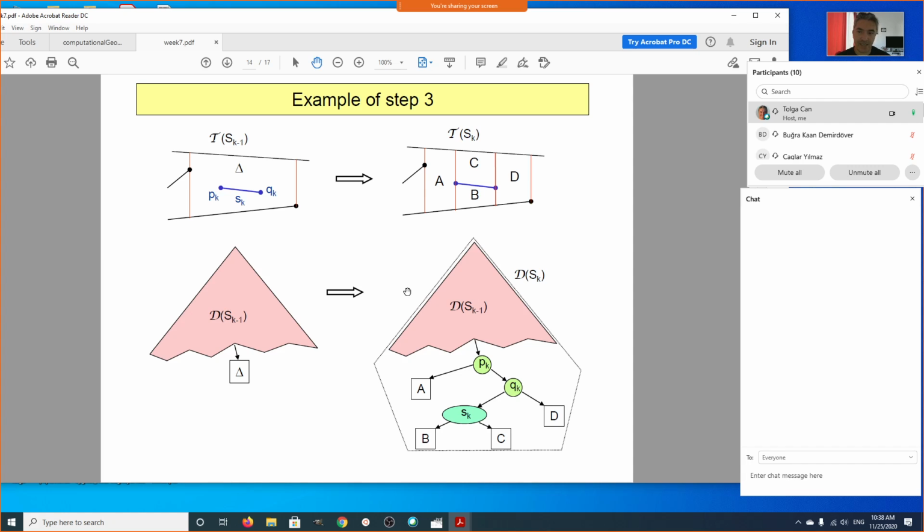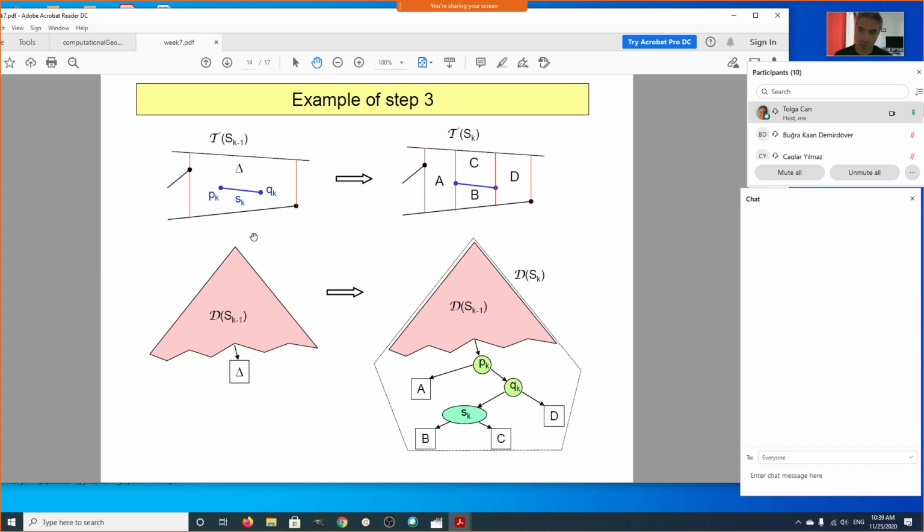This is the simplest case, where the segment is contained entirely in a single trapezoid. If we have a single trapezoid that we intersect, it's really easy actually. That single trapezoid is going to be replaced by a structure like this, which is going to contain both endpoints as intermediate nodes and also the segment itself.